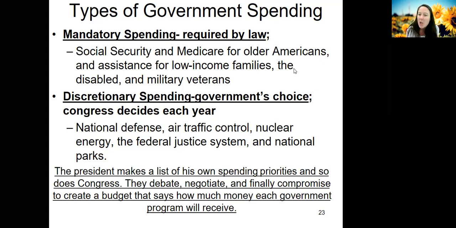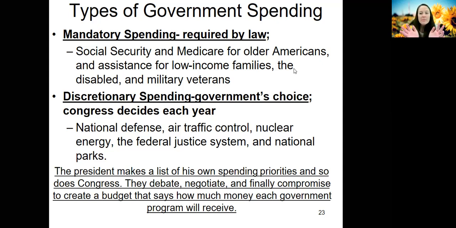Mandatory is required by law. This does not change with each new president that we have in. So by law, we have to pay Social Security, Medicare, assistance for low-income families, disability for disabled folks, and veterans. Now, each year, whoever our president is, he or she will create their budget, and then Congress will create their budget.